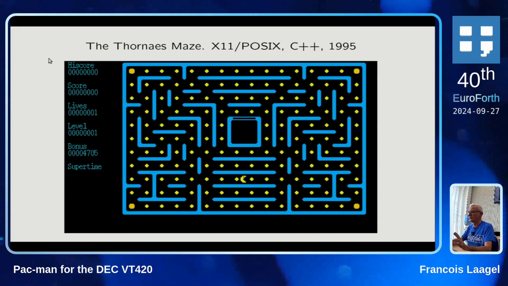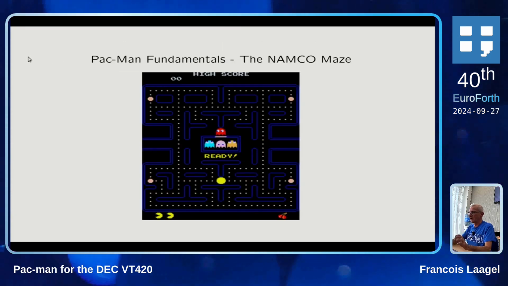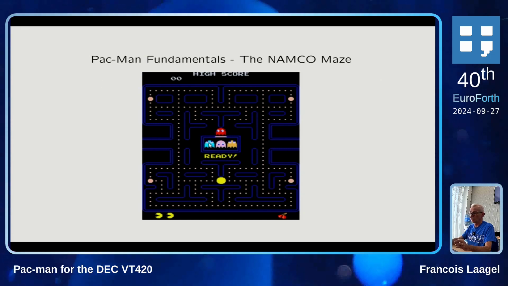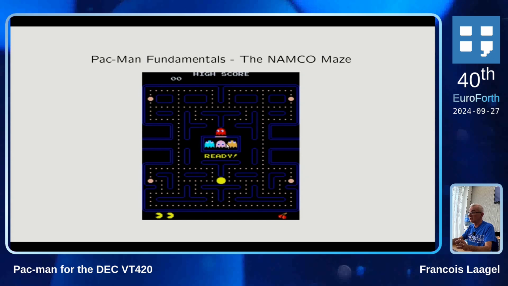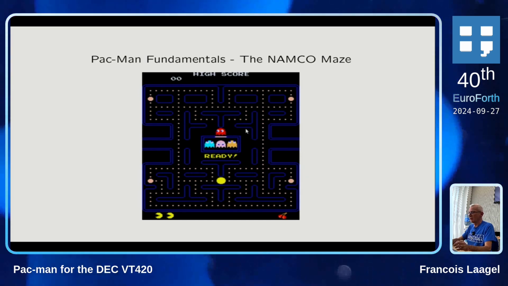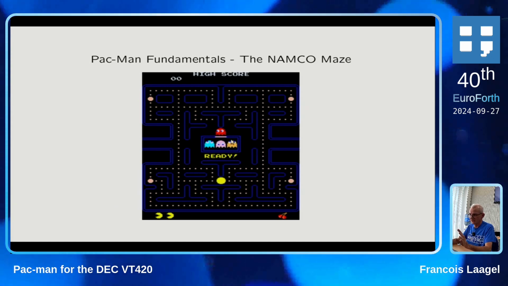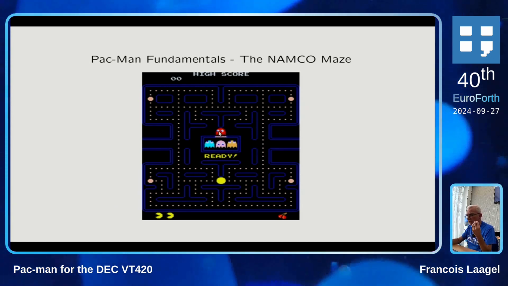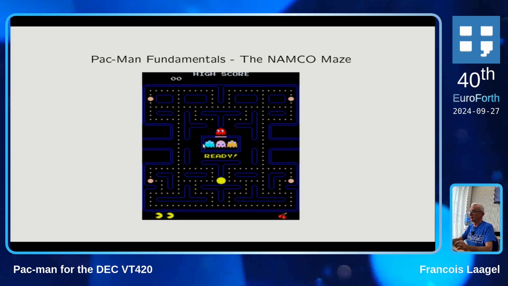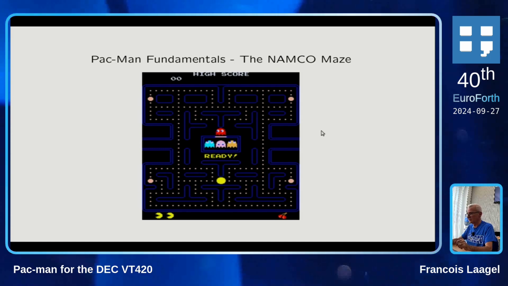The principle of the game is you have 4 ghosts, which are initially in those positions. Those are said to be inside the pen. There's a door here. Each of these ghosts has its own look and feel, and their own moving policy. We'll see about that later.